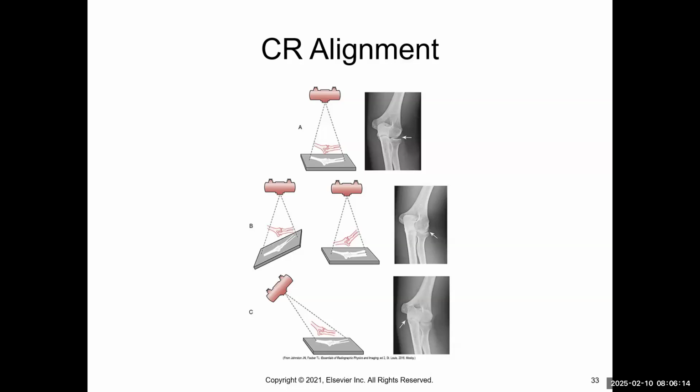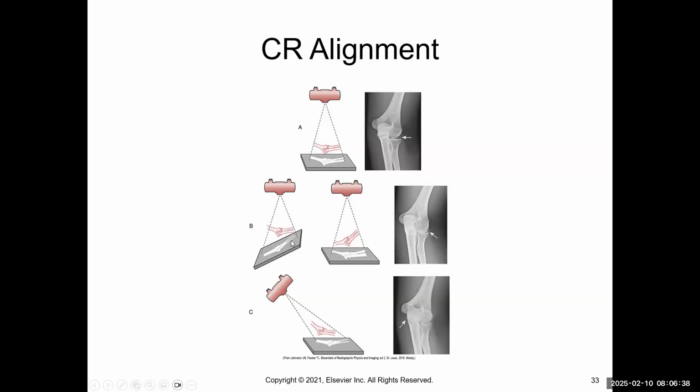This also is in your book on page 156. So this is just showing you in the first one, ideal, the part being parallel to the IR and the central ray being perpendicular to both.